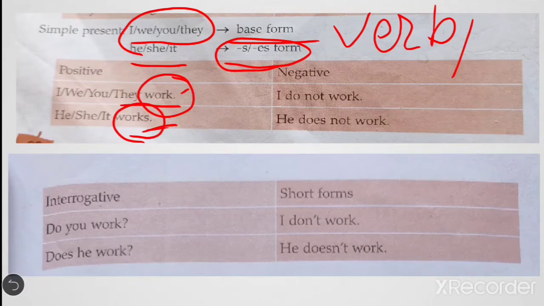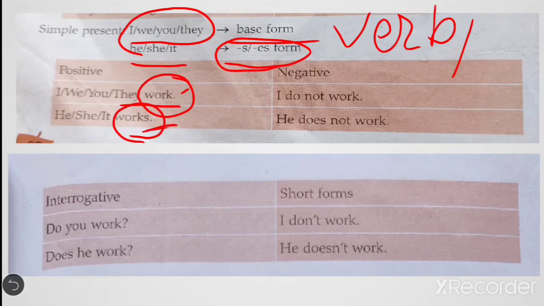Now look at here. Earlier what we have seen, I am working in present continuous tense. But in simple present, with I, you immediately have to put the main or base form. I work, we work, you work, they work.